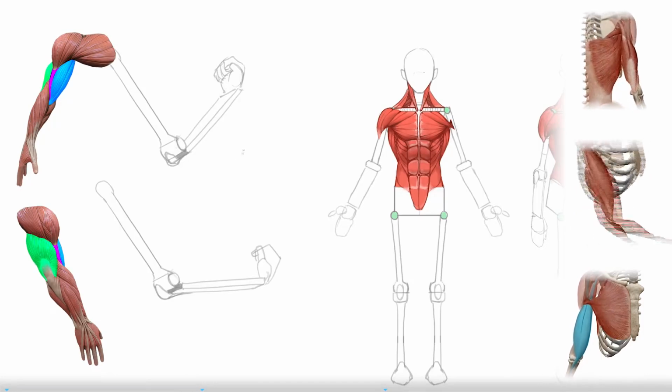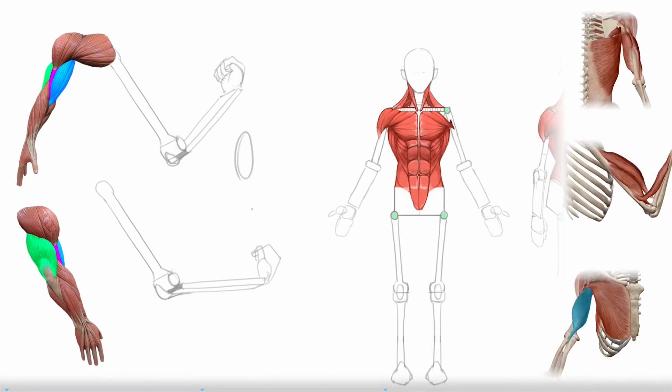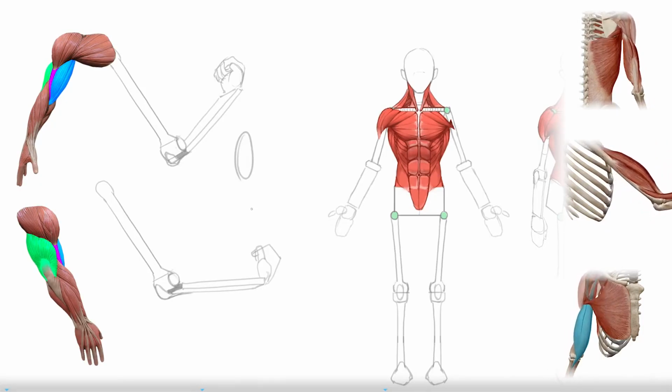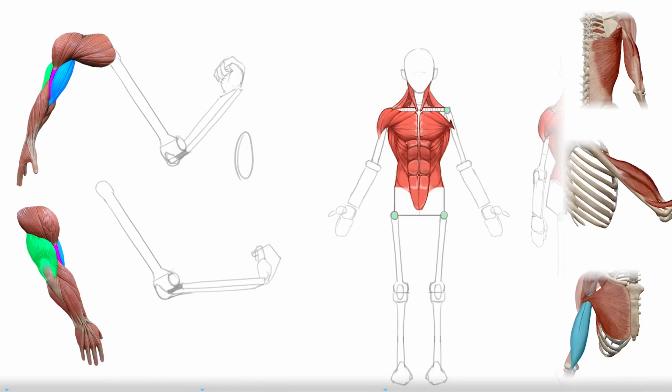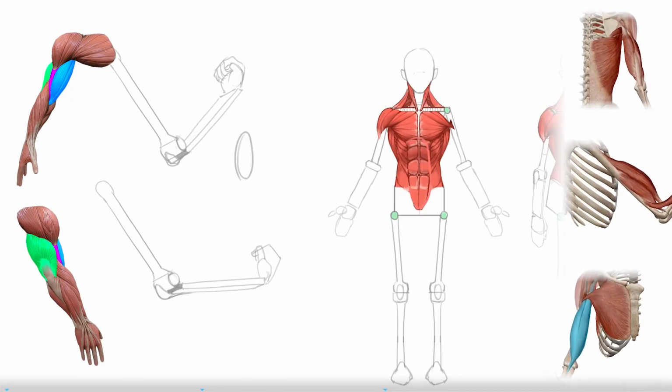Most of those muscles are going to be ellipses of different length and different thickness. That's in contrast with the torso, where we had all kinds of different shapes for the different muscles.